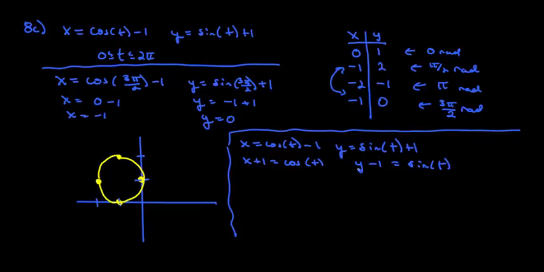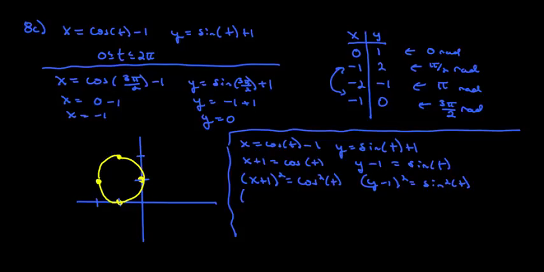Now you might say, well, why are you moving this over? So here's what I'm going to do. I'm going to square both sides. And now I'm going to add both equations together. Okay?